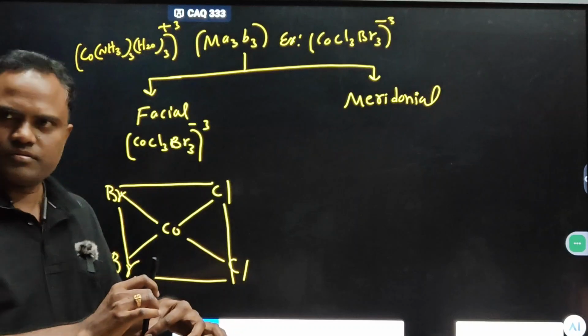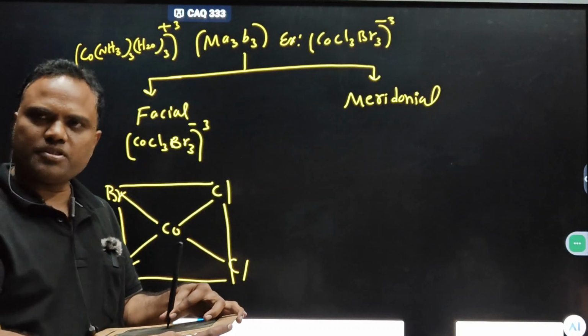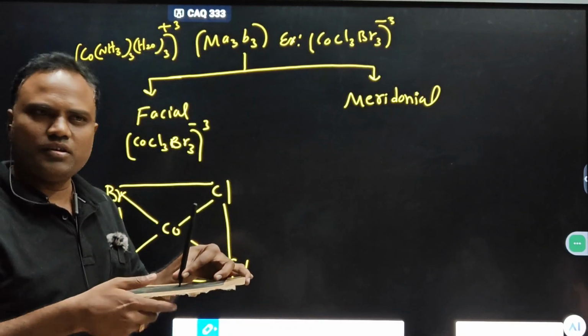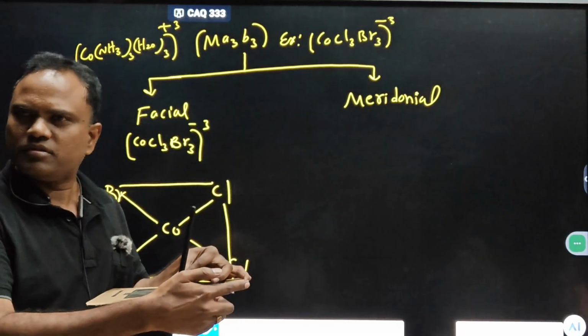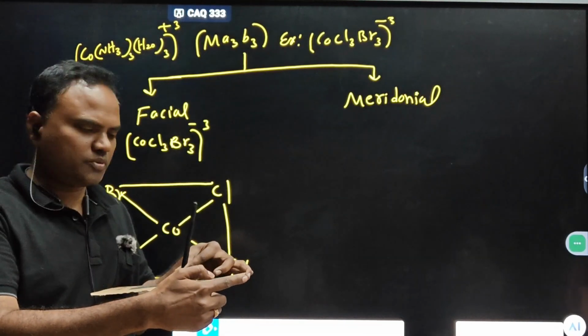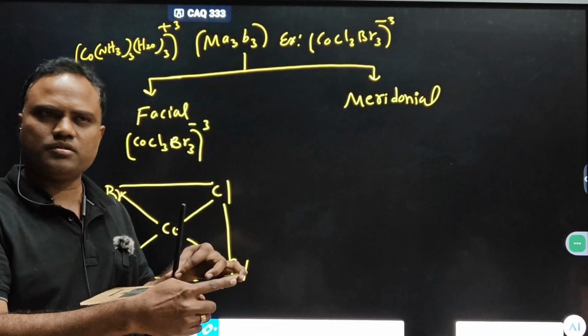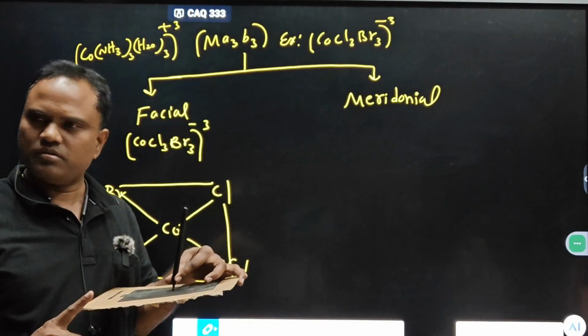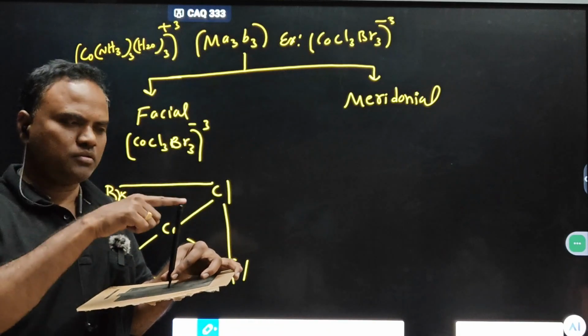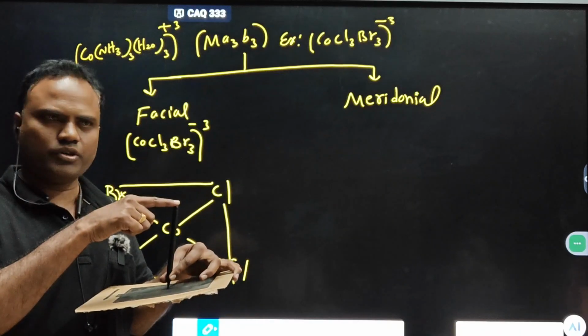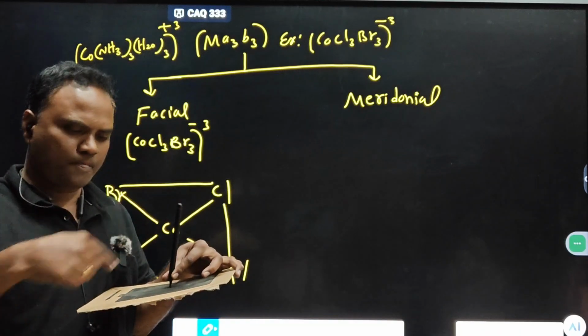Now once look at this. Which atom is present here? Online students, one question. Which atom is present here? Tell me. Chlorine. This one? Chlorine only. Join all this.